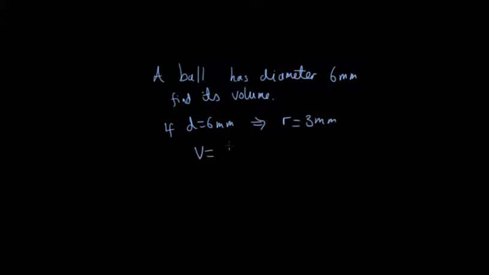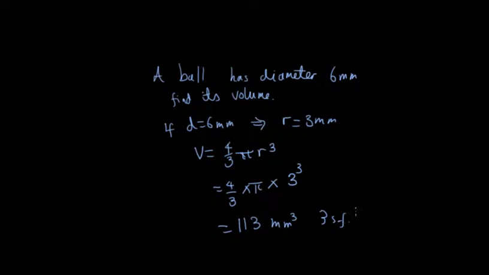So the volume, 4/3 pi r cubed, 4/3 times pi times 3 cubed. Plugging all that into our calculator, we'll find it's 113 millimeters cubed to 3 significant figures.